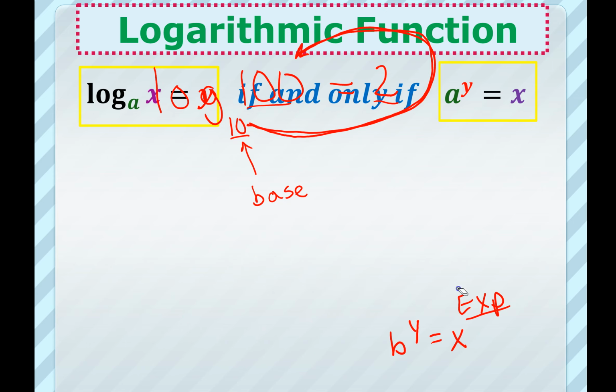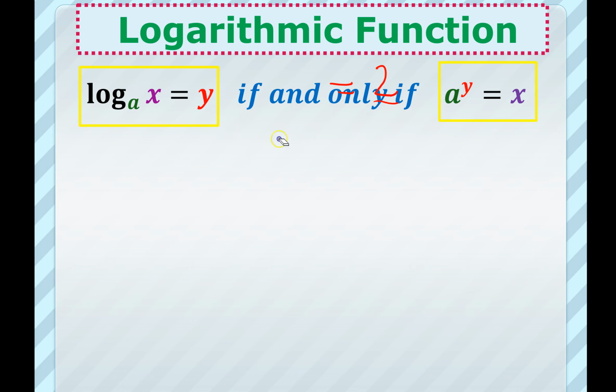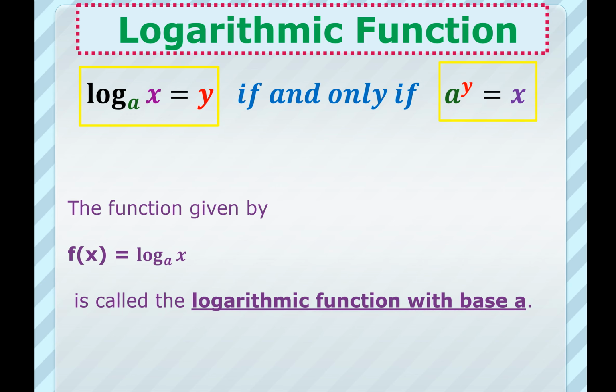To formalize that, we can say that log base a of some x equals y is true if and only if a to the y equals x. So the function given by f of x equals log base a of x is called the log function with base a.